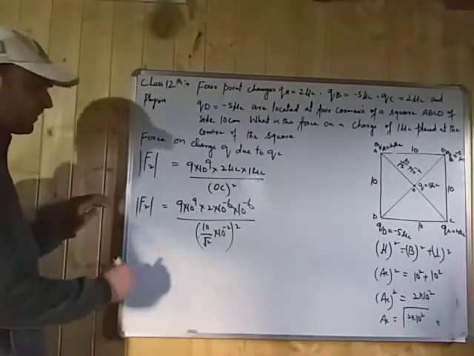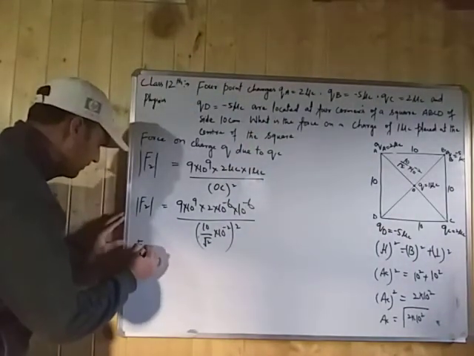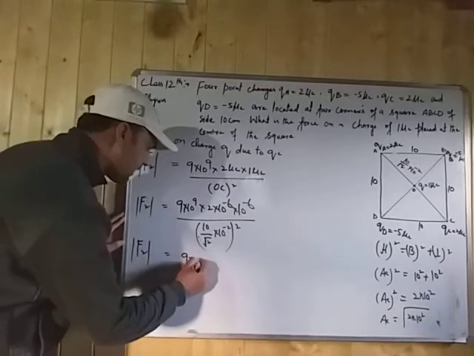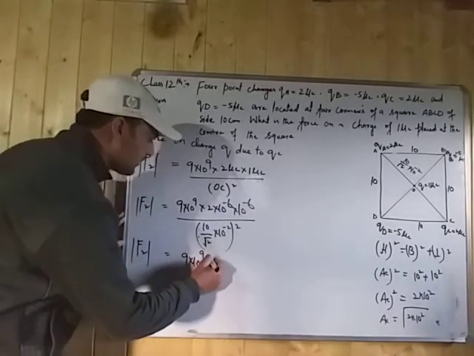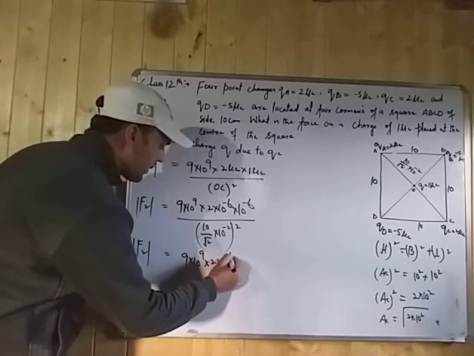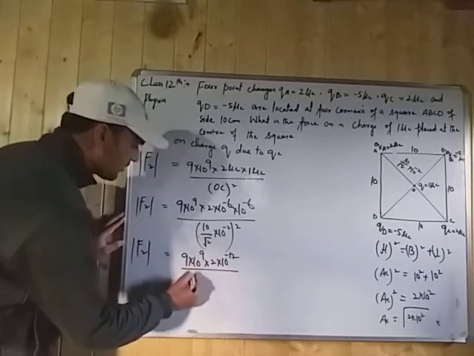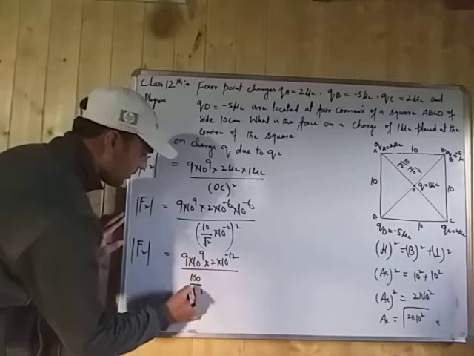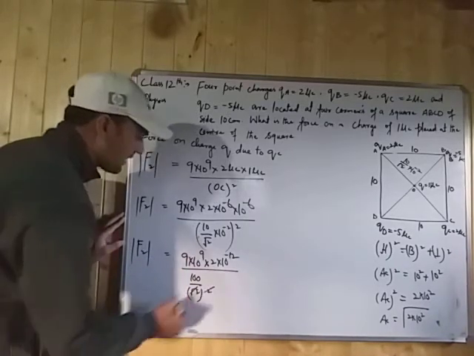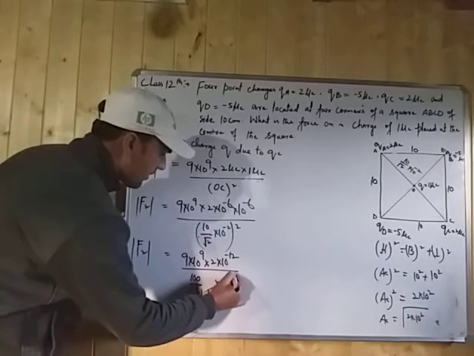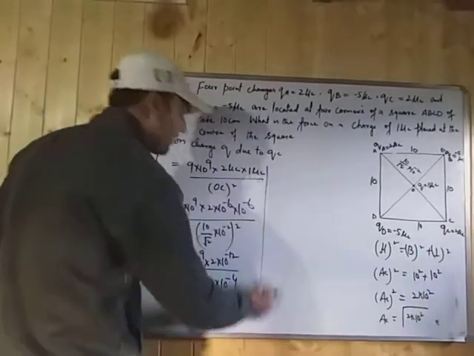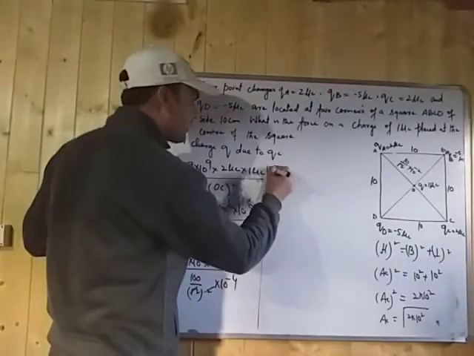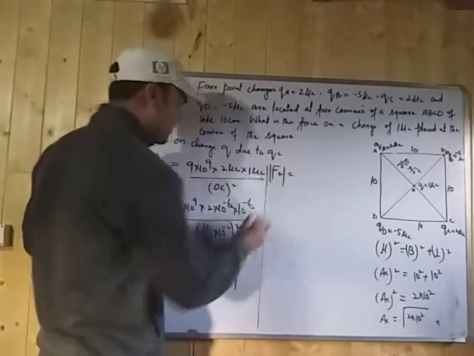Or we can write F2 equal to 9 into 10 raised to power 9 into 2 into 10 raised to power minus 12 divided by 100 divided by root 2 whole square. The square root cancels, into 10 raised to power minus 4.